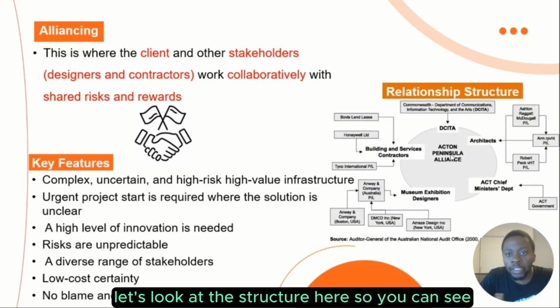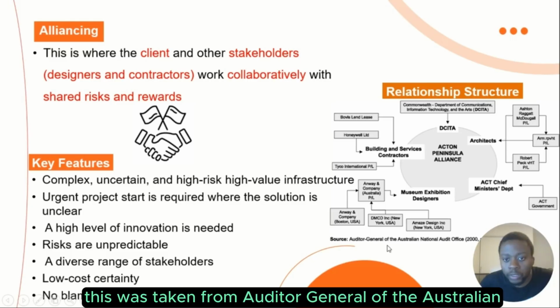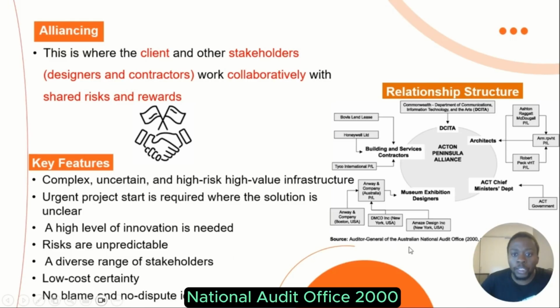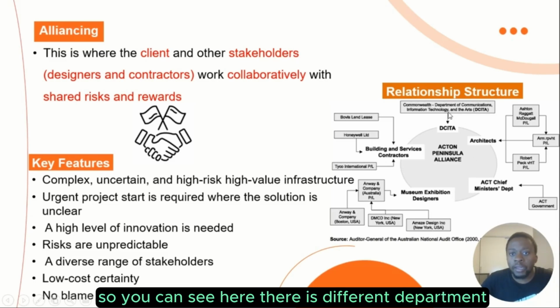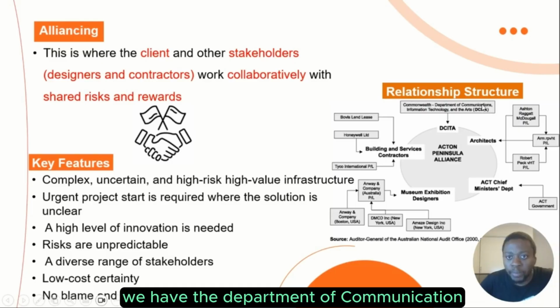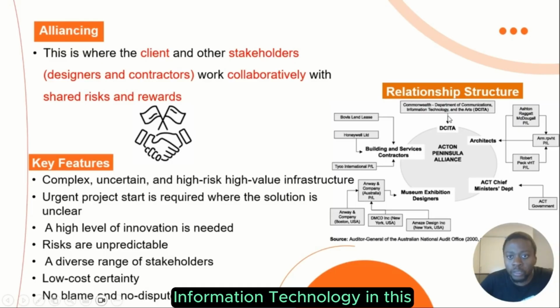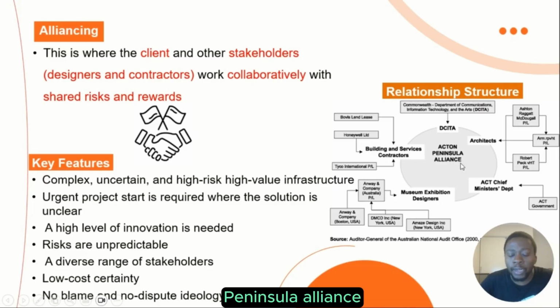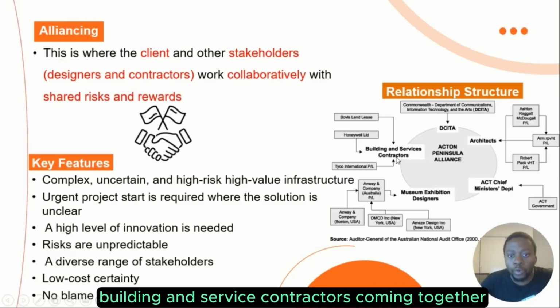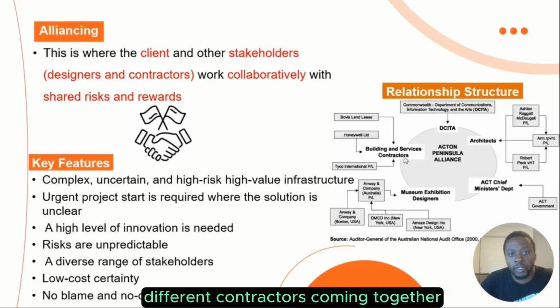Let's look at the structure here. You can see this was taken from the Auditor General of the Australian National Audit Office, 2000. You can see here there are different departments. We have the Department of Communication and Information Technology in this Peninsula Alliance. We have the team of building and service contractors, different contractors coming together.